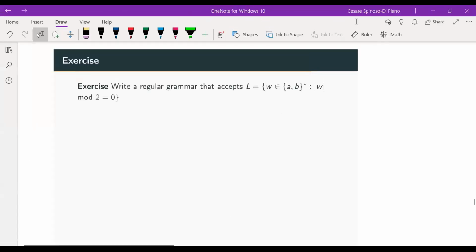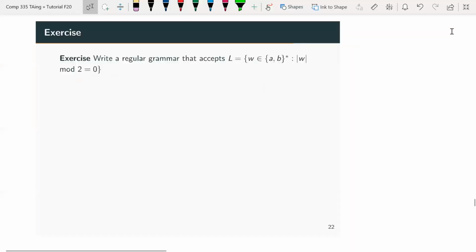All right, so hopefully you had some time to think about it. So what's the idea in this question? Here, I want all of the strings over A B where the length of that string is even, right? So what is that going to look like? Well, this is similar to the regular expression intuition, in that your string W is going to be a sequence of pairs of elements.